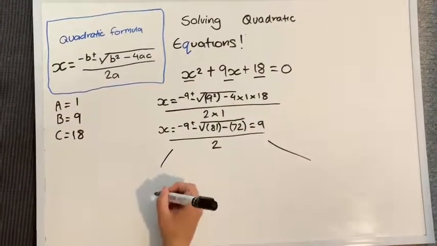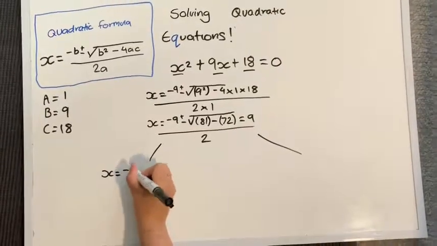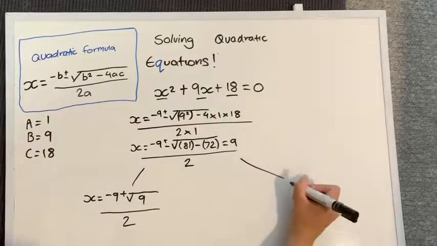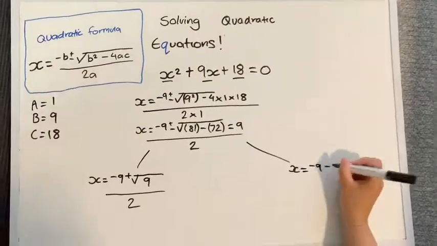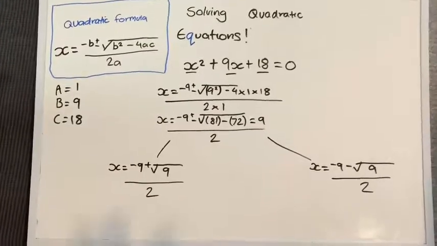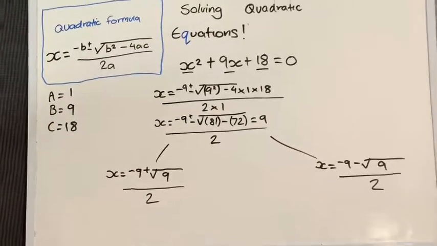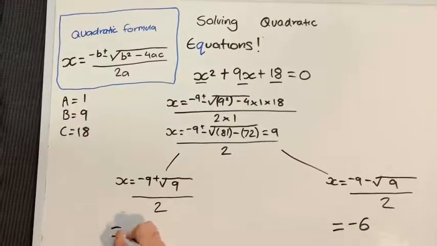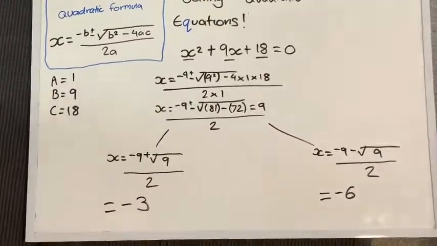Now we split the equation and we work on that plus or minus just before the square root. That will leave us with our 2 equations. Once we put that into our calculator, we will have our answers. Answer 1 will be -6, and answer 2 will be -3.